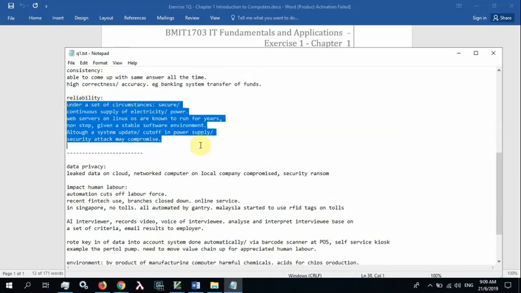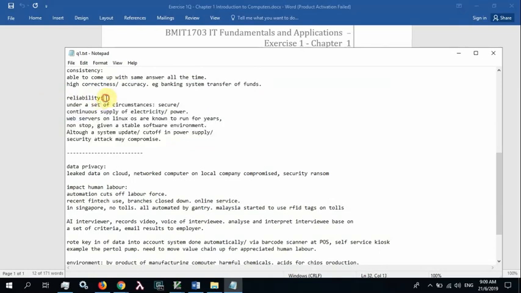So talking about reliability, computers are reliable. This has to do with high availability, in fact. Because for a very long time in a year, computers, web servers, are usually up and running without any stops. So they are reliable because they seldom break down, and if they do, usually for web systems, you need to have a backup or a disaster recovery system.